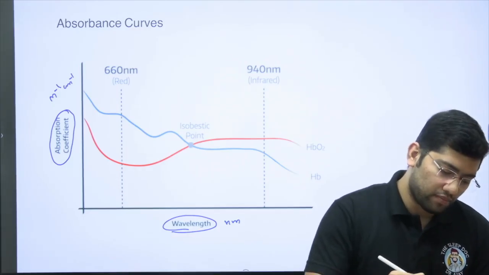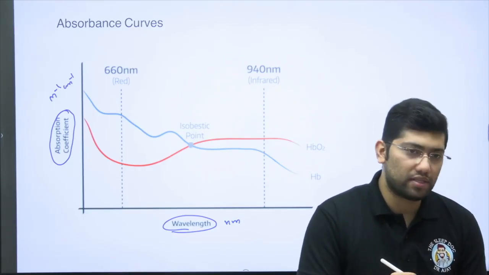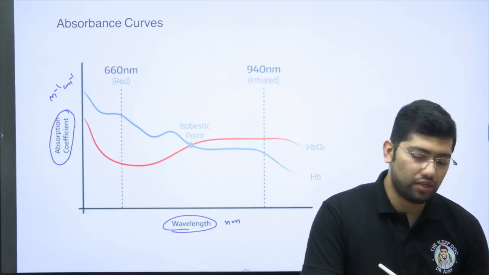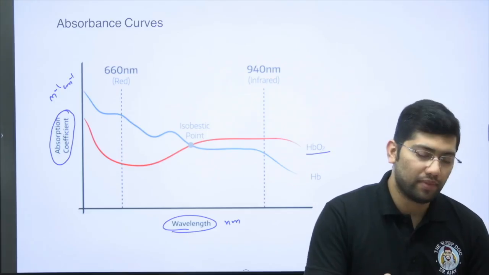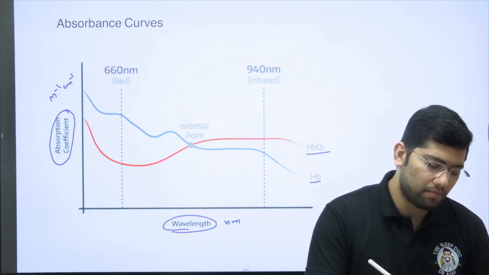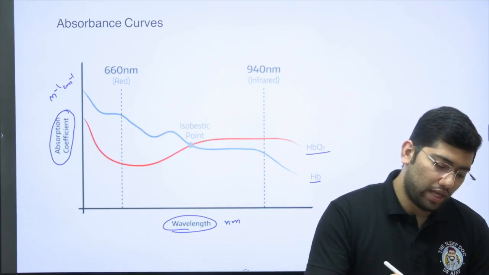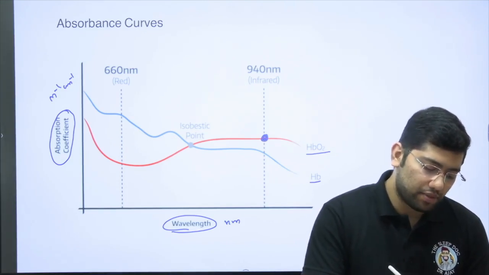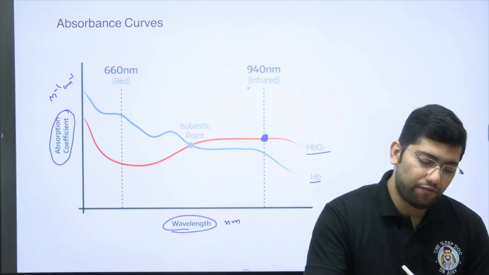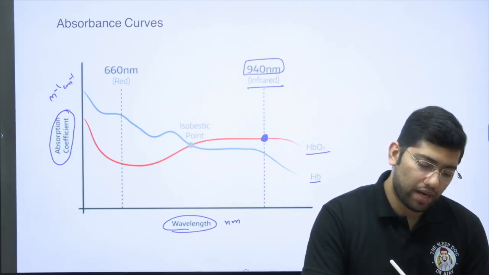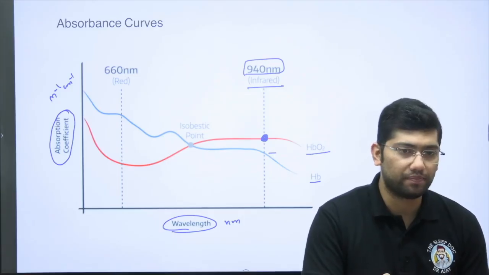Now, here we have two hemoglobins. As you can see, one is red, which is a general denotation for oxyhemoglobin, and the venous blood or the deoxyhemoglobin is denoted by blue. Now, we can see the oxyhemoglobin has maximum absorbance at infrared, that is at 940 nanometer wavelength compared to the deoxyhemoglobin.